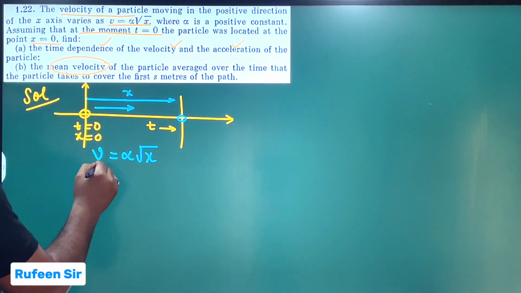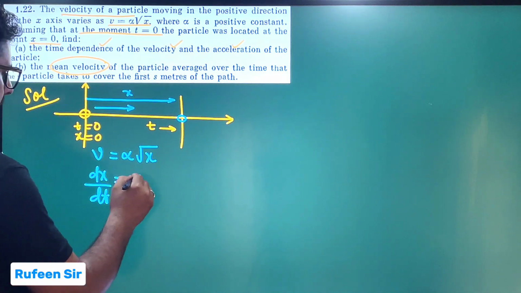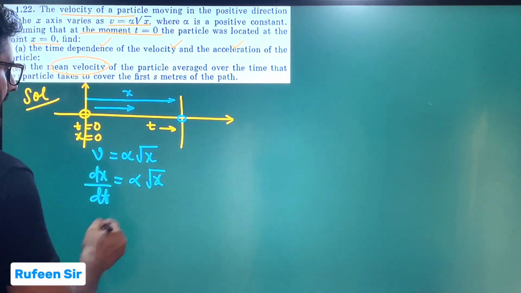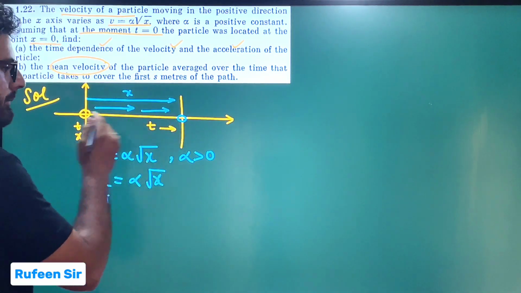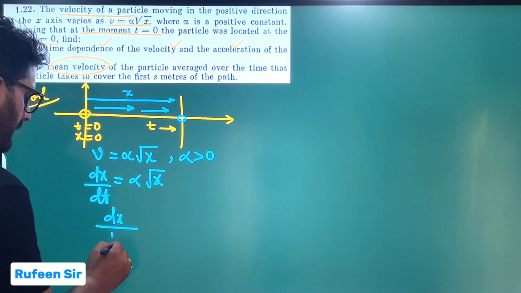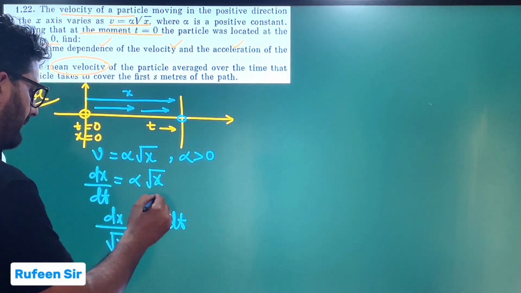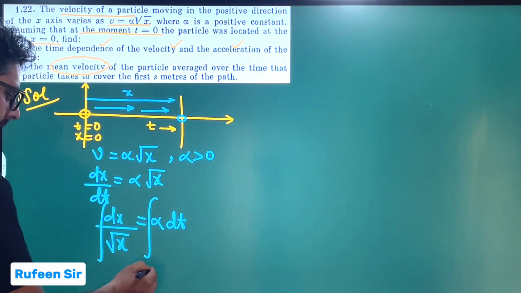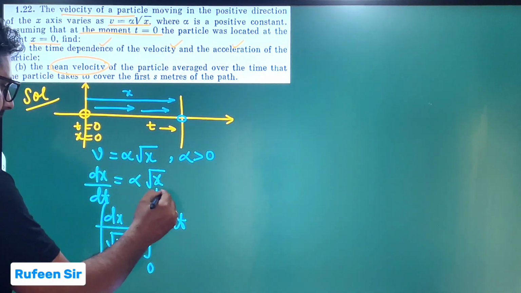I can write v as dx by dt, the derivative of displacement with respect to time, equal to alpha root x. Alpha is a positive constant. x is also positive because the particle is going right away. So dx by root of x is equal to alpha dt, variable separable, integrating both sides. When t is 0, displacement is 0; when time is t, displacement is x.